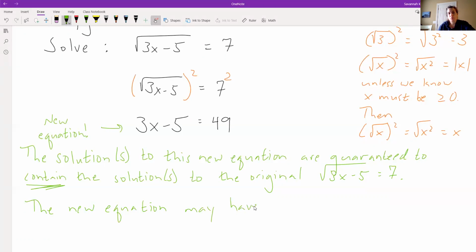The new equation may have more solutions than the one that we're actually interested in. So what that means, when we know that that's the case, whatever solutions we get from solving the new equation, we're going to check in the original.